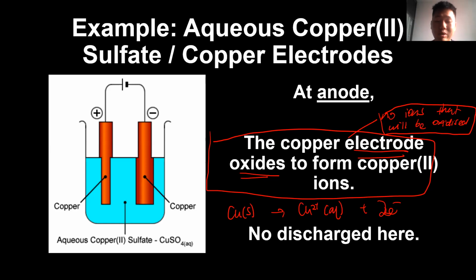And even though there are ions over here, the sulfate ions and hydroxide ions, they will never get discharged, because this electrode right over here is an active electrode.